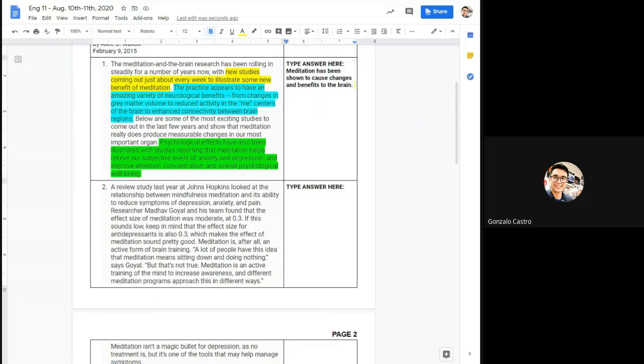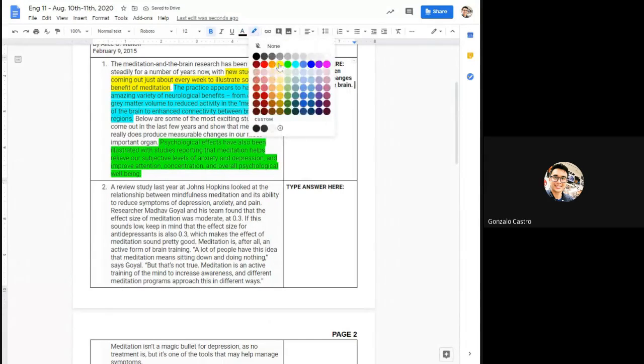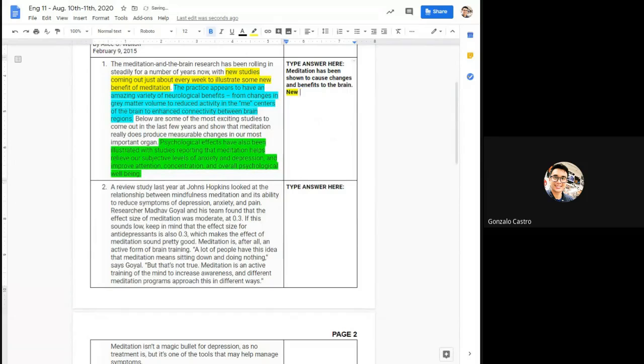So the idea from what's in yellow, in our own words, is new discoveries about the benefits of meditation continue to be made.